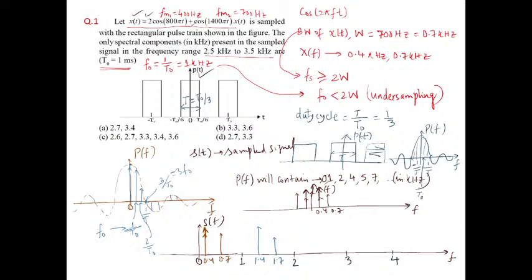Also 1 minus 0.4 is 0.6, which will occur at 0.6 kilohertz, and then 1 minus 0.7 is 0.3.